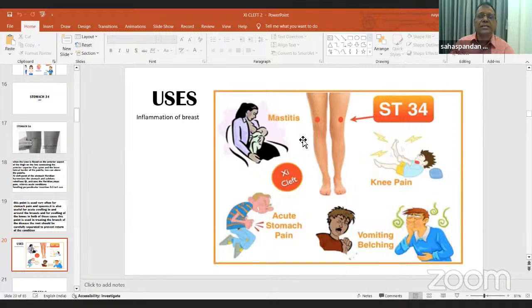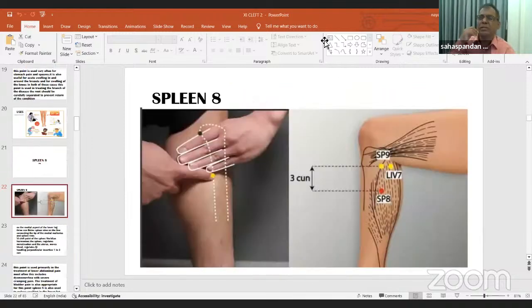Let's discuss spleen 8. What is the location?